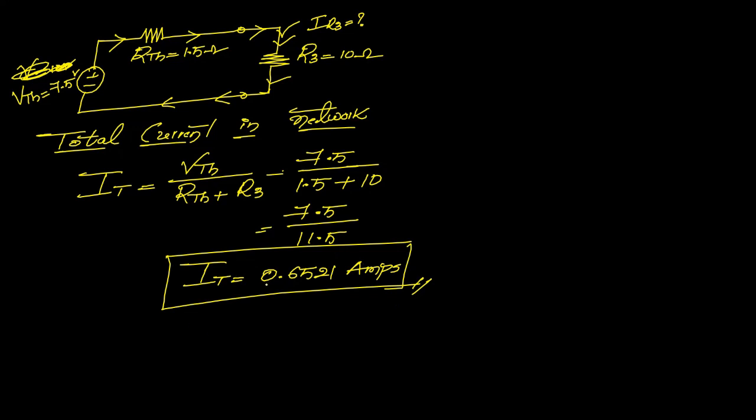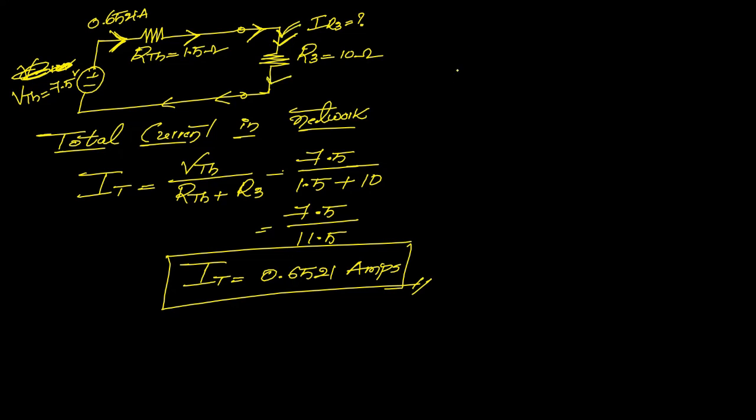Clear? Now you have to observe the most important point here. IT is equal to 0.6521 ampere, meaning the current flowing in this particular network is 0.6521 ampere. That same current is flowing through R3 also.